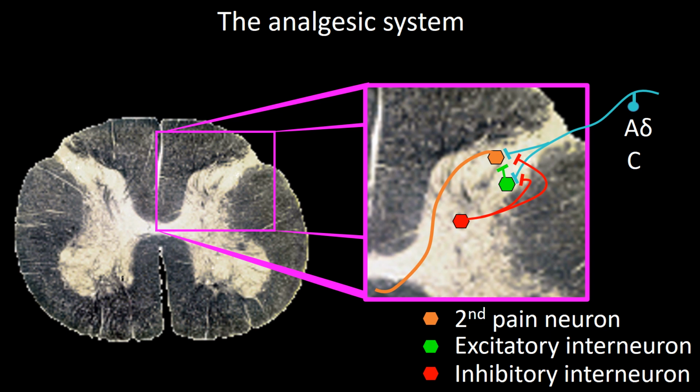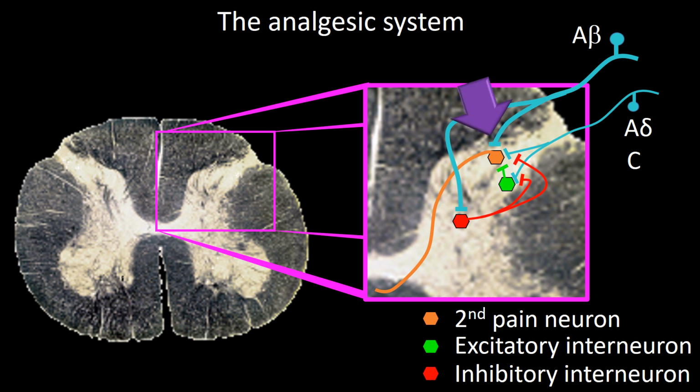Inhibitory interneurons produce presynaptic inhibition upon pain fibers going to secondary pain neurons and excitatory interneurons. Thick myelinated fibers make contact with secondary pain neurons and with inhibitory interneurons.